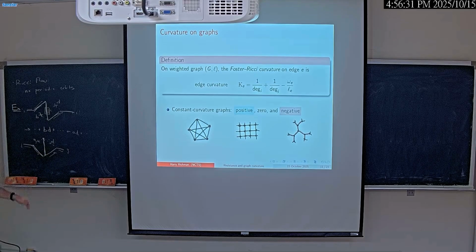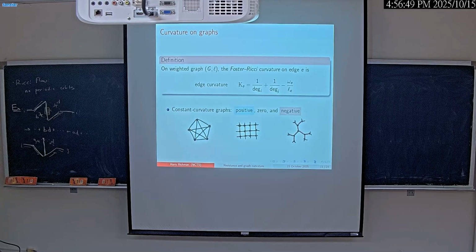We can look at example graphs where the edge curvature is constant. In this first case, if we take a complete graph, by symmetry every edge has the same curvature, and it turns out this will be some positive amount.